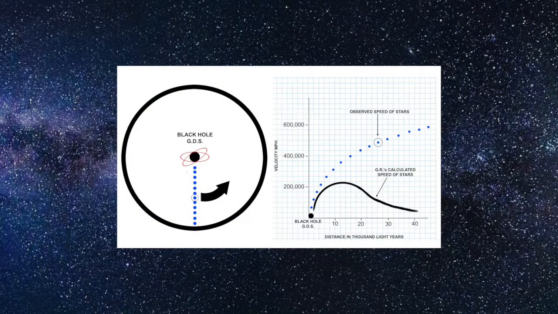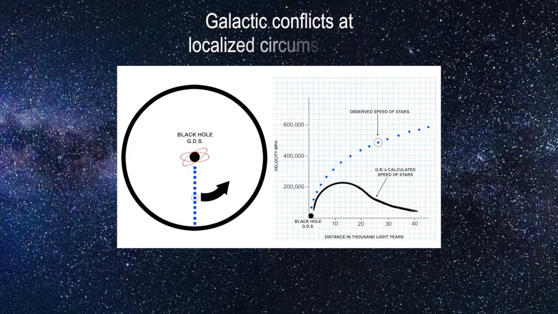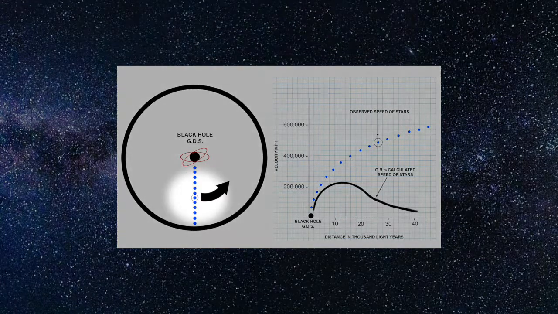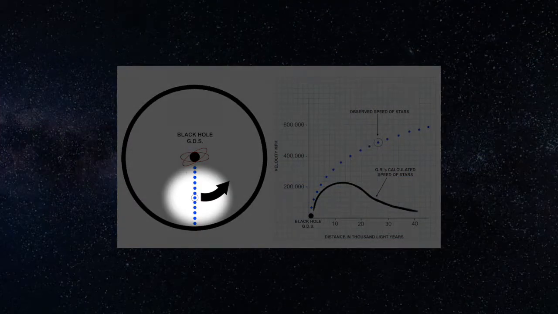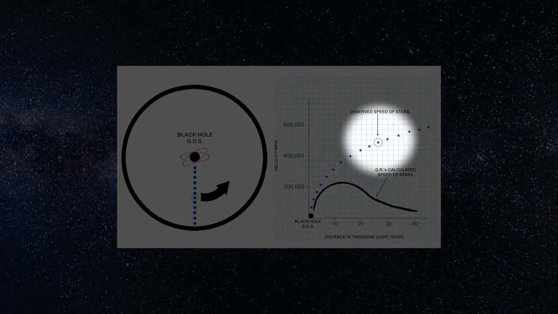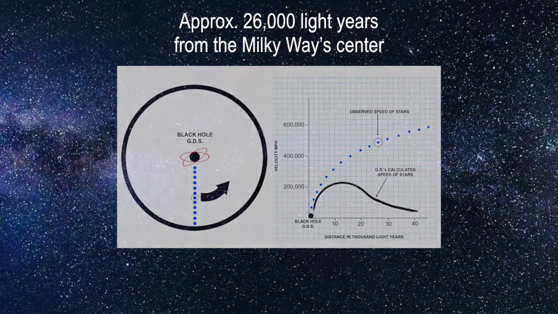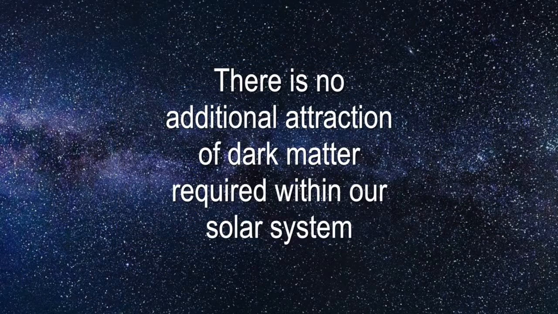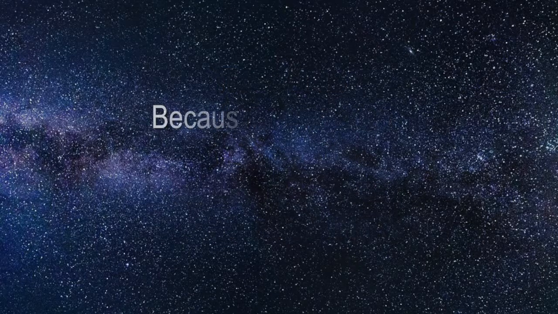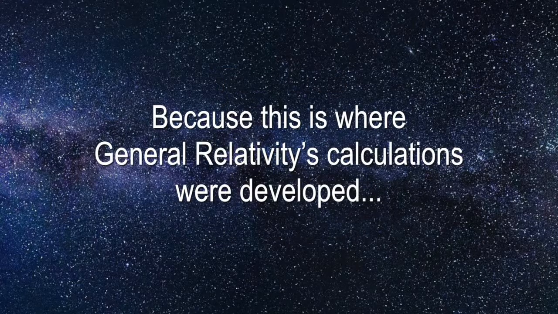Let's add in problem number 6 that shows galactic conflicts at localized circumstances. If you look at the star that is circled in both depictions, it represents the position of our sun and solar system approximately 26,000 light years from the Milky Way's center. There is no additional attraction of dark matter required within our solar system because this is where general relativity's calculations were developed.